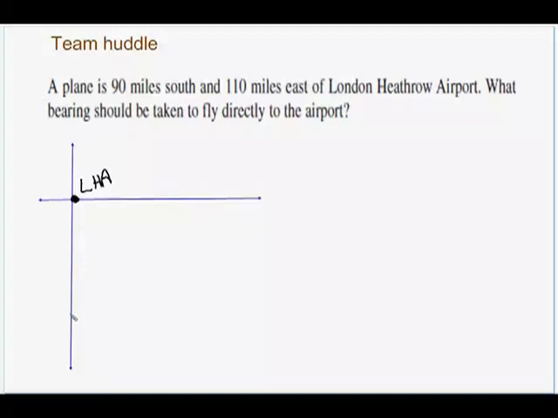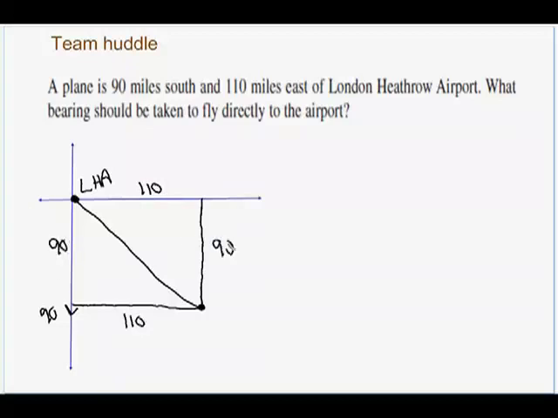So 90 miles south, we go down to 90, east 110. And let's see, here is our airplane. We're flying in this direction. There's the wings.